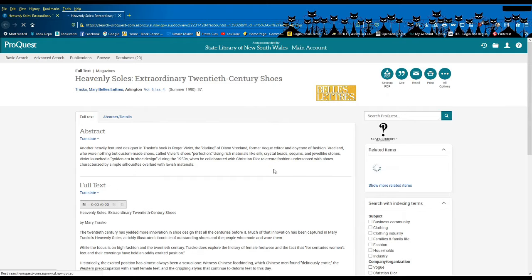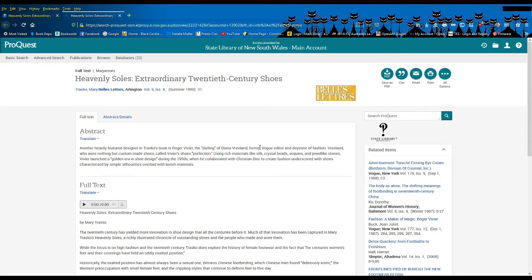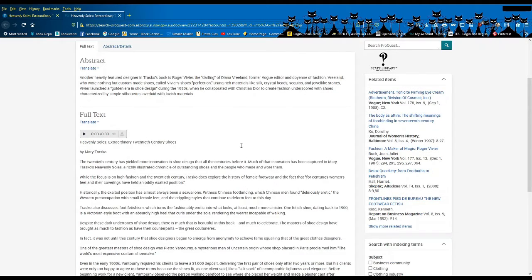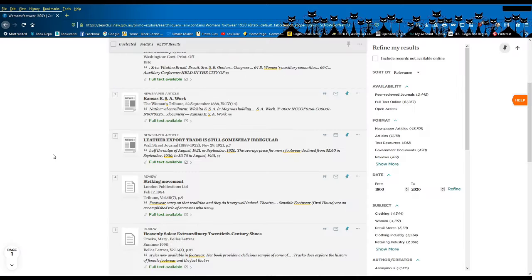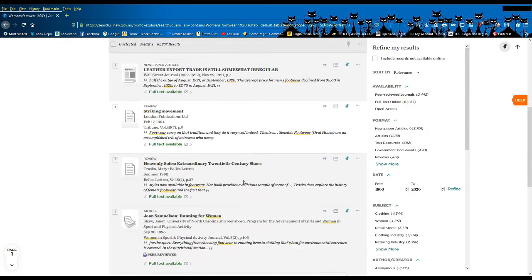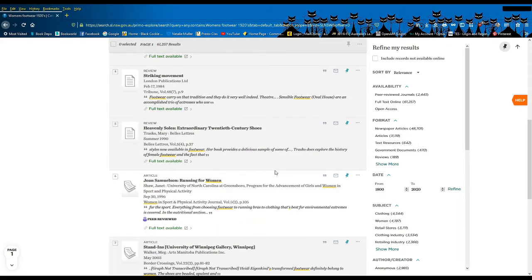To use this, I was able to use my local council library card. I'm not sure how that is for other states or in other countries, but I was able to use a library card from my local council. So it's nice and accessible. I don't think it's hard to get a library card for the State Library in New South Wales.